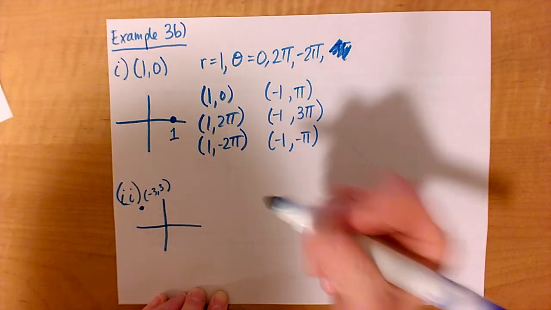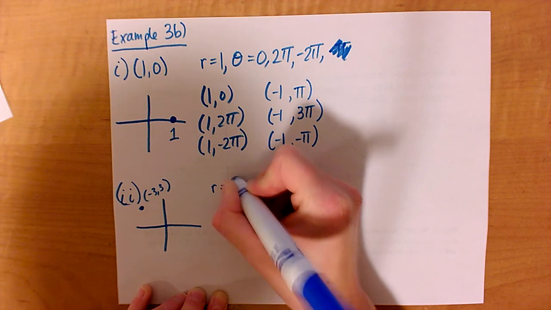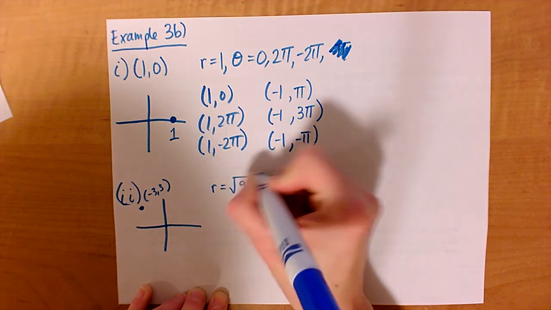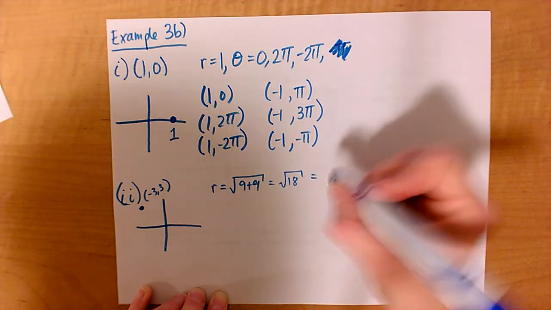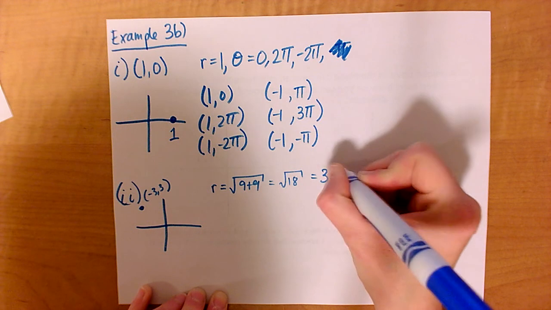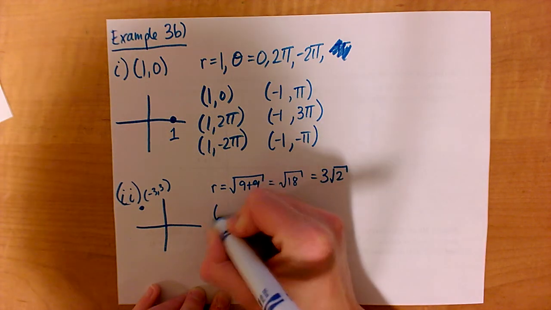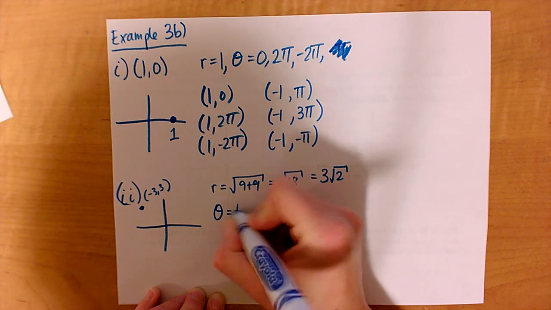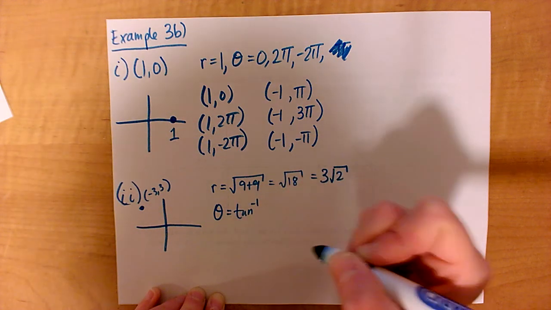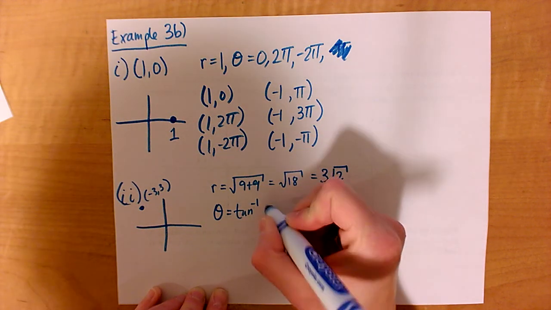Okay, so let's find our radius. Our radius is going to be the square root of 9 plus 9, which is root 18, which is going to be 3 root 2, okay? And then our theta is going to be the inverse tangent of y over x.